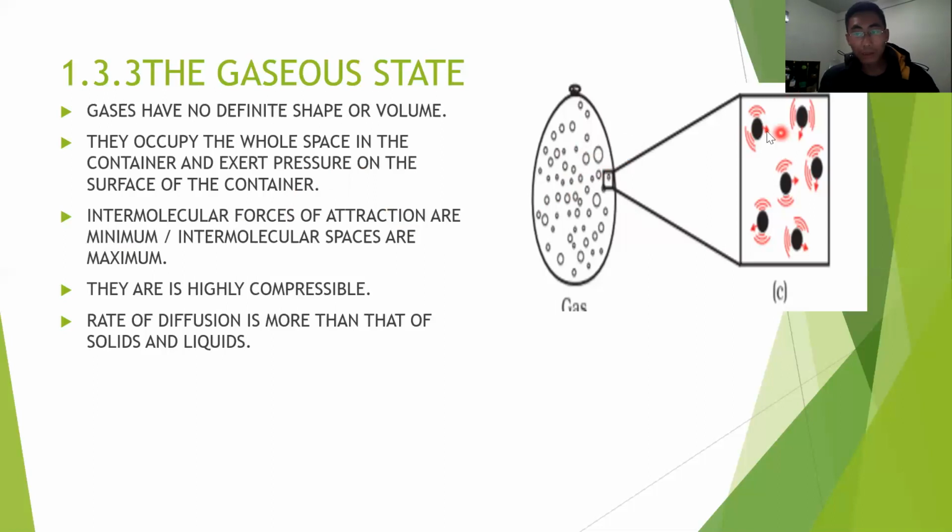There is a very negligible amount of intermolecular forces of attraction. So that is the reason why they have large gaps between them, that is, intermolecular spaces. They are highly compressible. Since in gases there is a large space between the particles, there is a huge scope that these particles can be brought closer to each other, right?